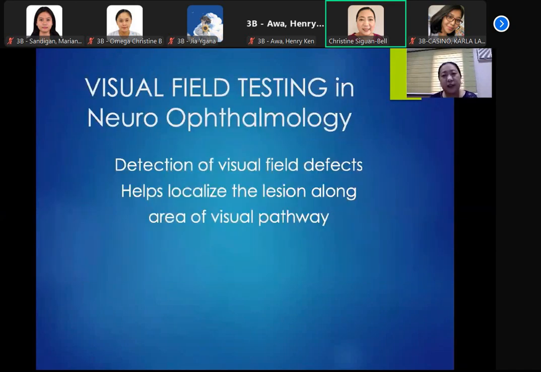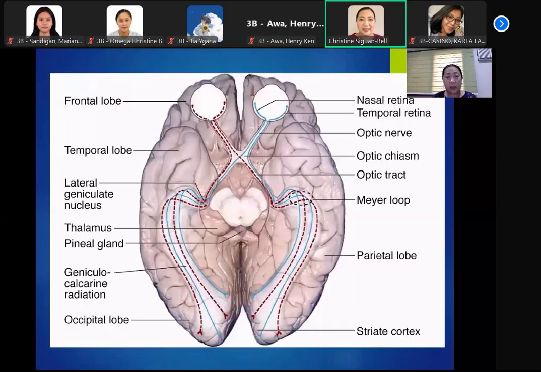Visual field testing is also done in neuro-ophthalmology. It detects visual field defects and helps localize the lesion along the visual pathway. This is the visual pathway. It extends from the frontal lobe of the brain up to the occipital lobe.